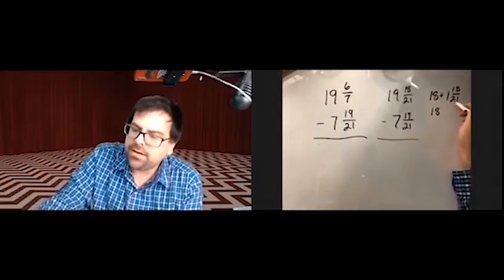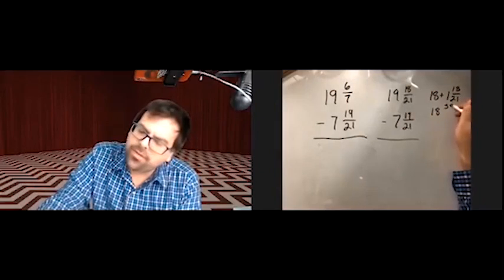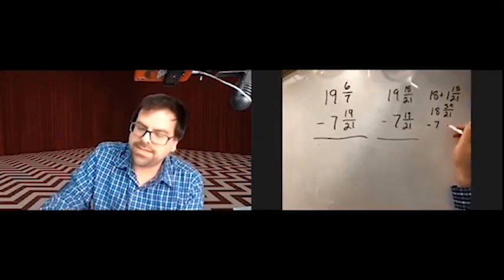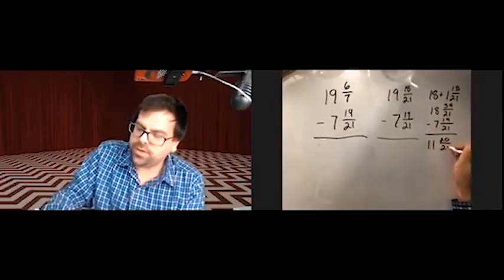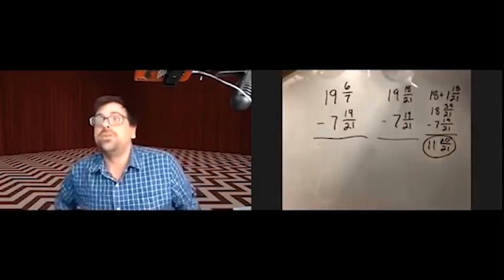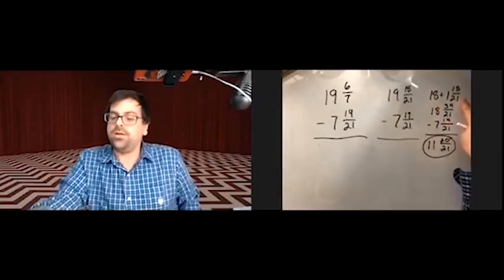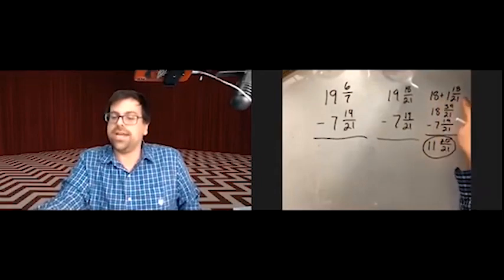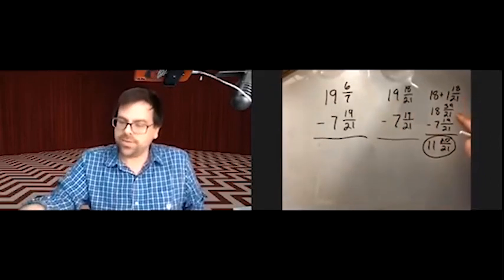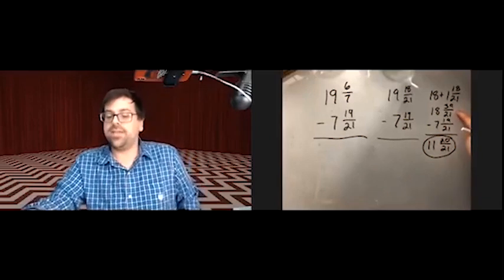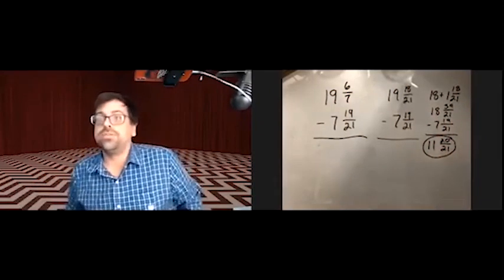So it would be 18 and 21/21 plus 18/21, which is 18 and 39/21 minus 7 and 19/21. 11 and 20/21 is our answer with borrowing: stealing a 1 from the 19, turning it into an 18, putting that 1 with the fraction we have, because 18 plus 1 and 18/21 is 19 and 18/21, turning that mixed number into an improper fraction, 39/21, and then doing 18 minus 7 is 11, 39 minus 19 is 20/21.